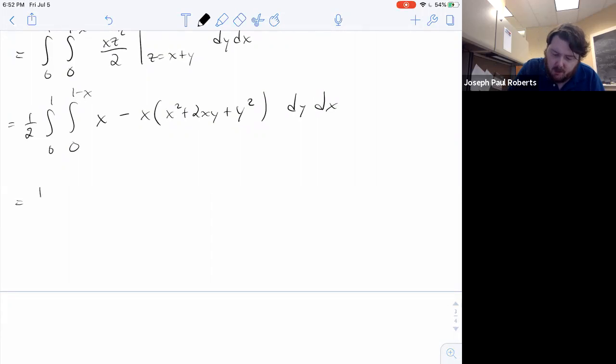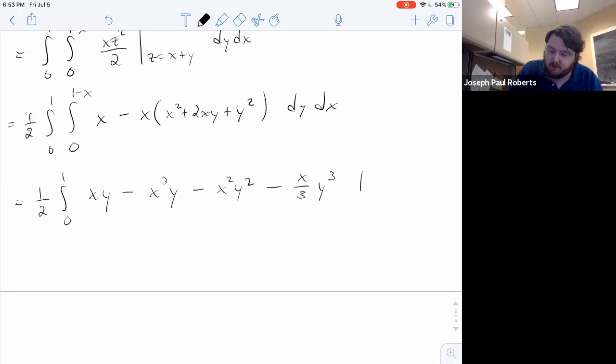And so then my y antiderivative is xy minus x cubed y minus x squared y squared minus x over 3 y cubed. So I sort of, in my head, distributed that x to each term and then took the y antiderivative. So minus x cubed has y antiderivative minus x cubed y, minus 2x squared y has antiderivative minus x squared y squared with respect to y, and so on and so forth.